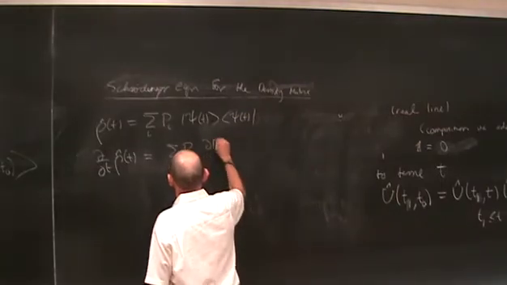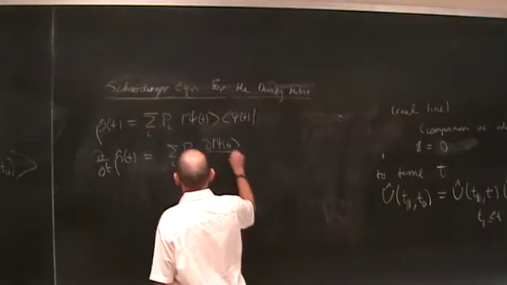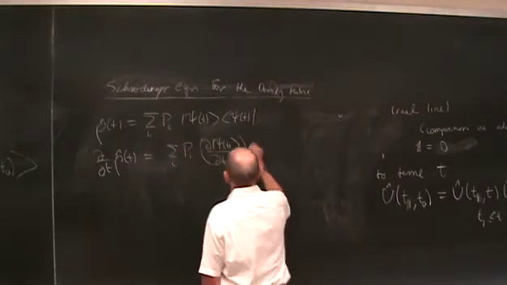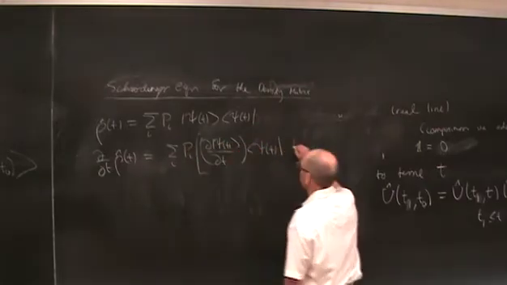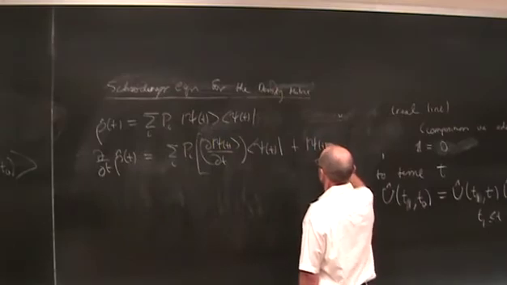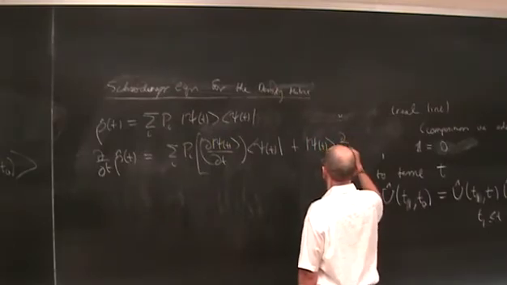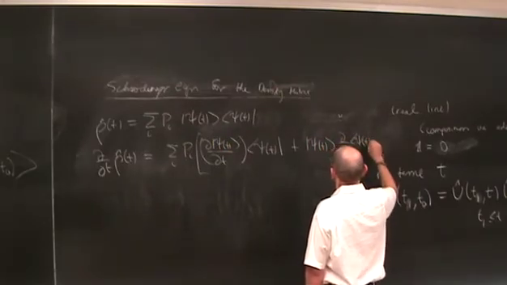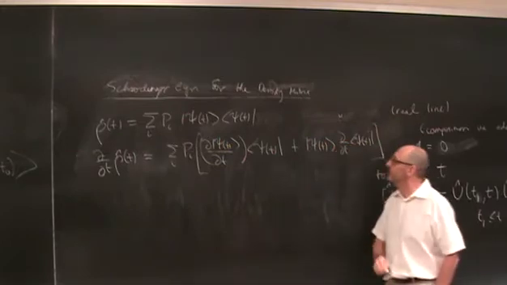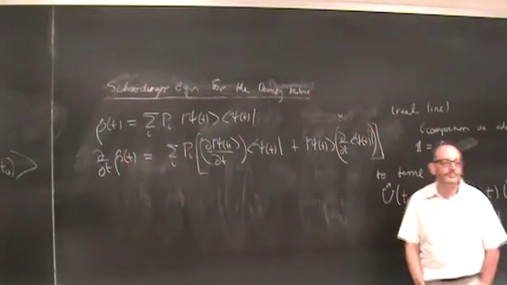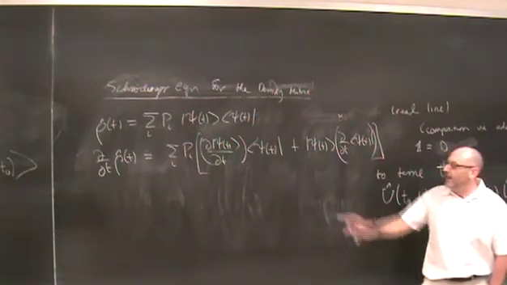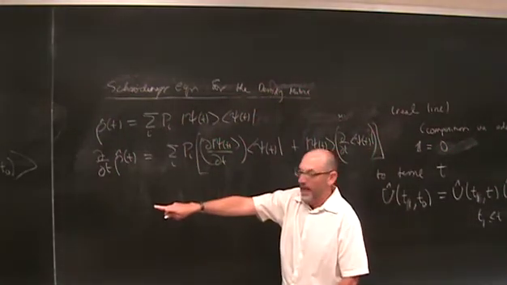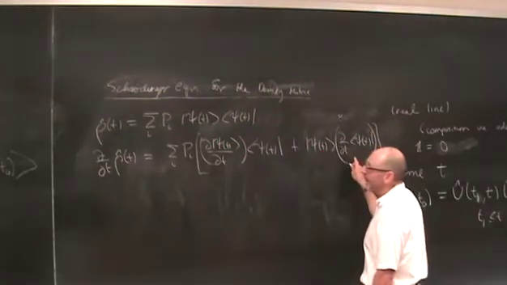So that's the partial derivative of that times that, plus this times the partial derivative of that, using the product rule. Buy it? And this is that, and this is the adjoint.